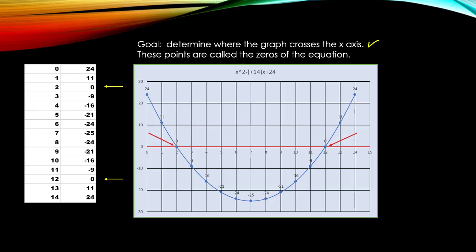And specifically, we want values of x1 and x2 that give us these points here. These are called the zeros of the equation because they're located on the x-axis, where the output value or the y value equals 0.